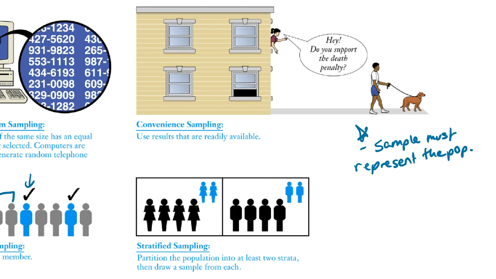All right. So, for example, if you're wanting to know how many people in the US have cell phones, then random sampling by calling people probably isn't the best idea, because if you're calling them, well, they're probably going to have a cell phone and your study's probably ruined at that point.